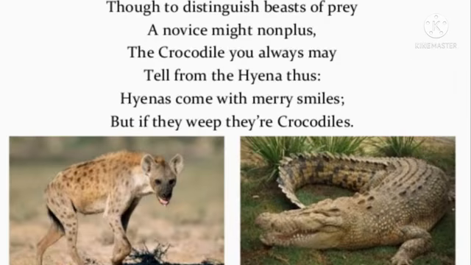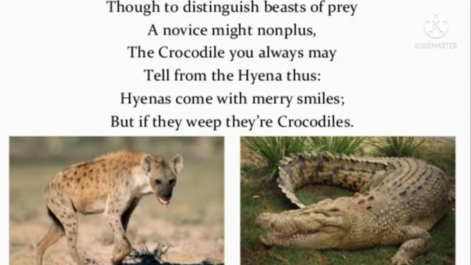After this, the writer asks the reader whether they know how to recognize beasts that hunt their prey. And she explains about hyenas, which she thinks have a smiling face, and the crocodiles have tears in their eyes. And this can be seen when they are killing their prey.